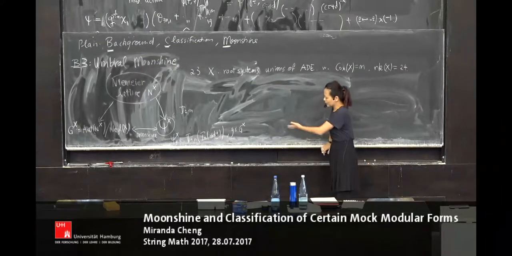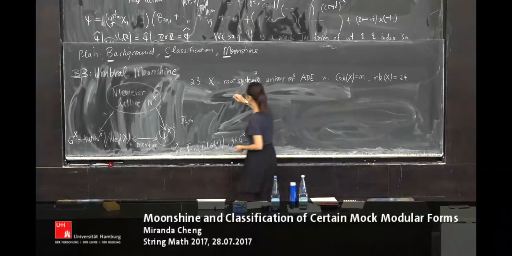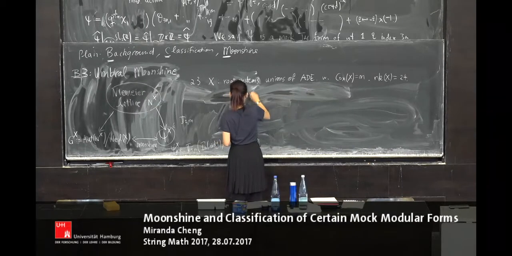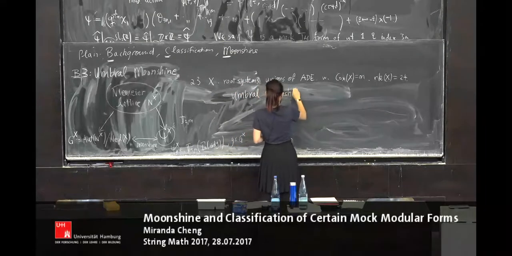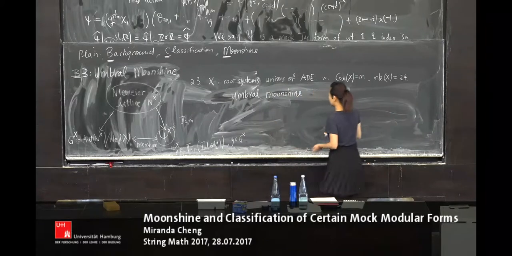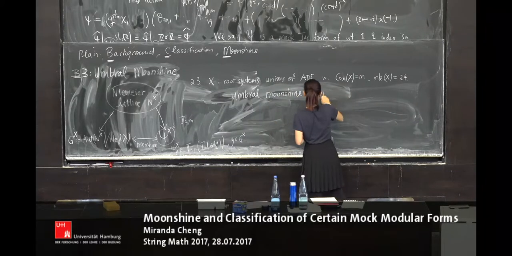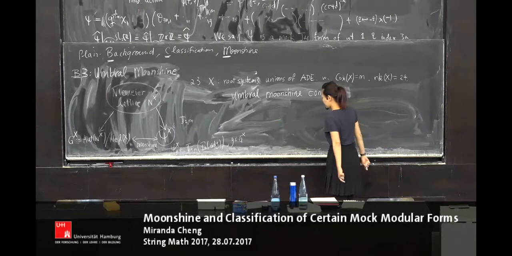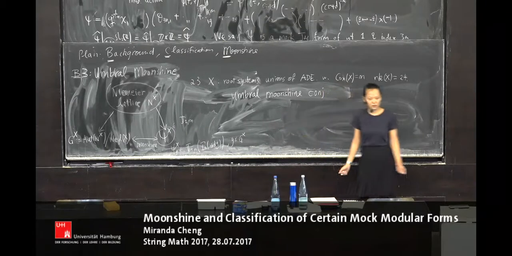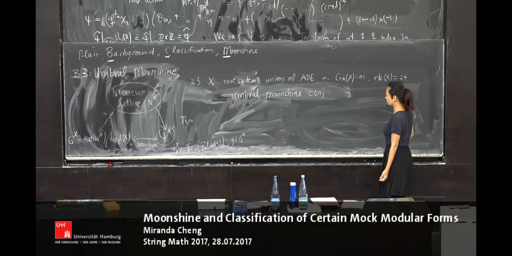Because, as we have seen in the monstrous case, in order to establish the existence of a representation, you also need the group characters, not just the dimensions.